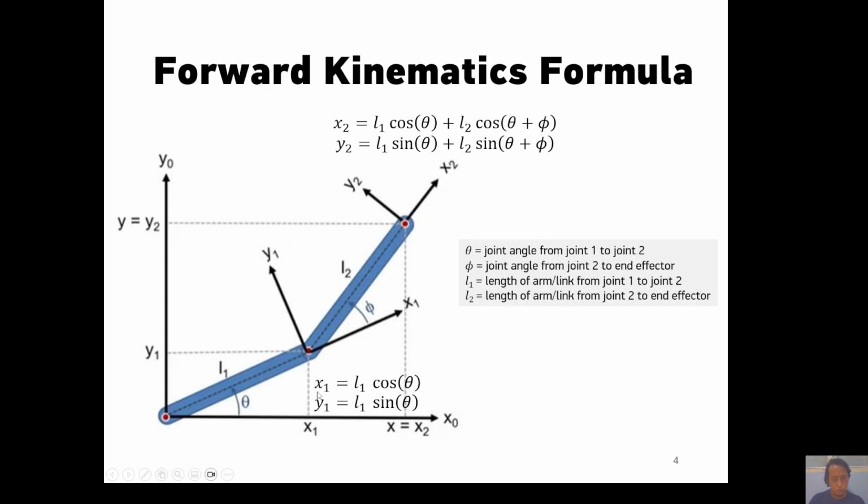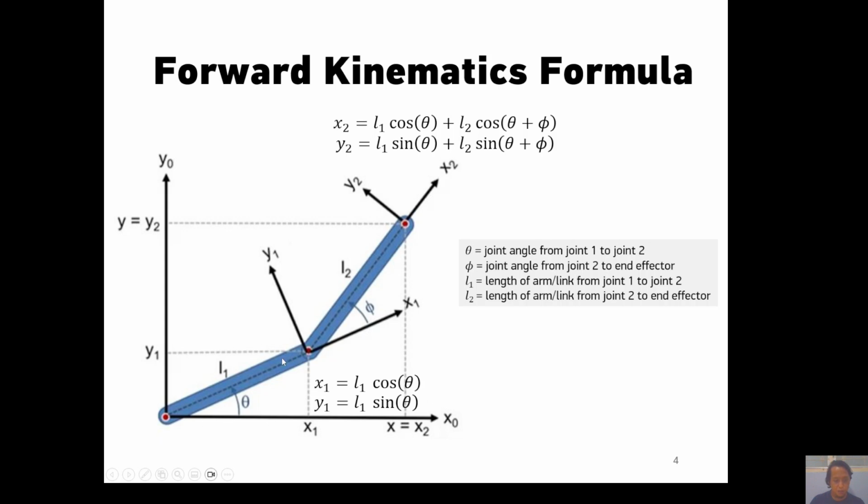To know the position of x1, this is x1 and this is y1, we need to calculate using trigonometry. We can calculate x1 is equal to L1 multiplied by cosine of theta.